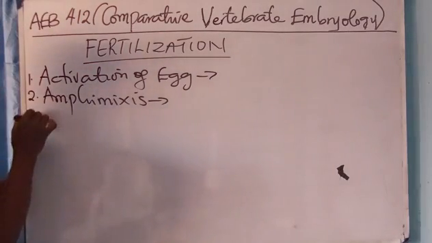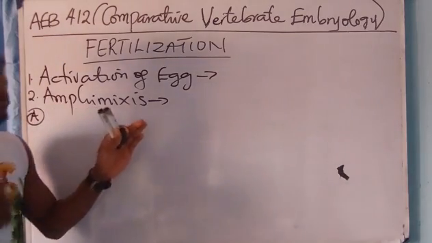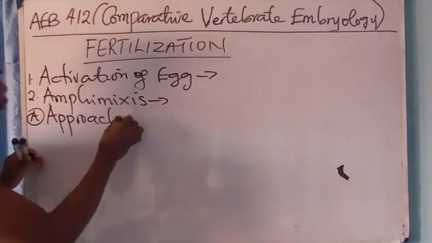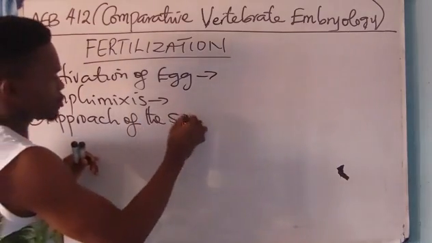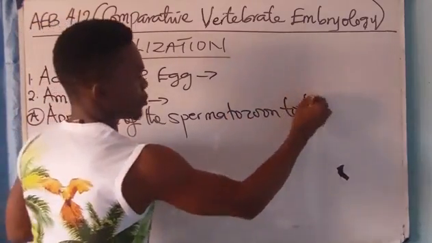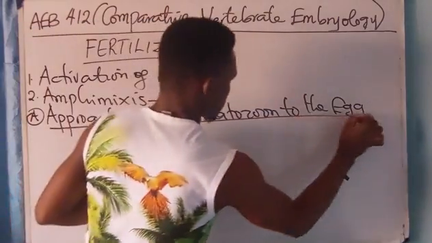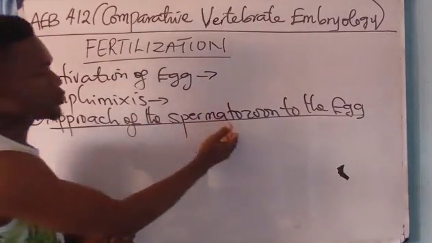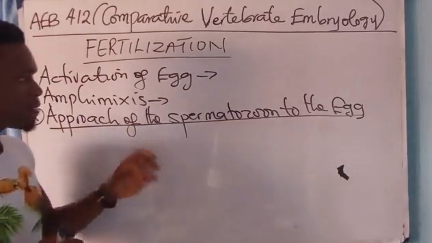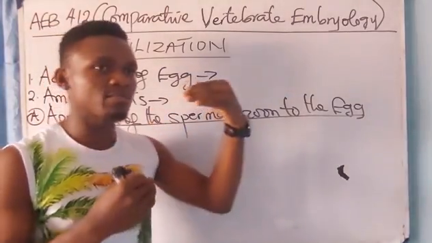The first step, I'll indicate it as A, is the approach of the spermatozoon to the egg. It means what kind of vigorous reaction does the sperm or spermatozoon exhibit as it approaches the egg.